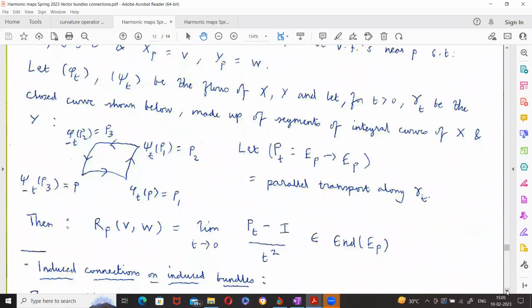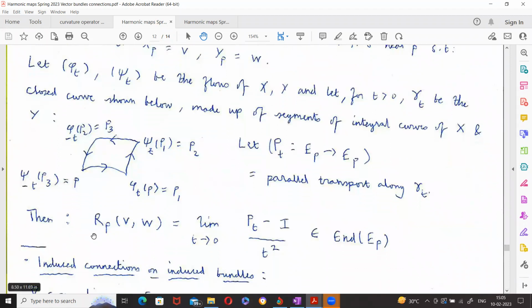Okay. Then it turns out the curvature, this endomorphism, RP applied to VW, I can write as a limit as T tends to 0 of this endomorphism PT minus identity divided by T squared.